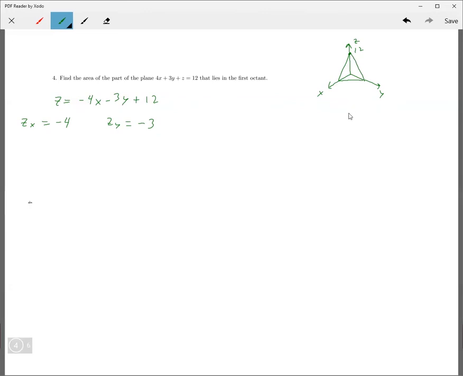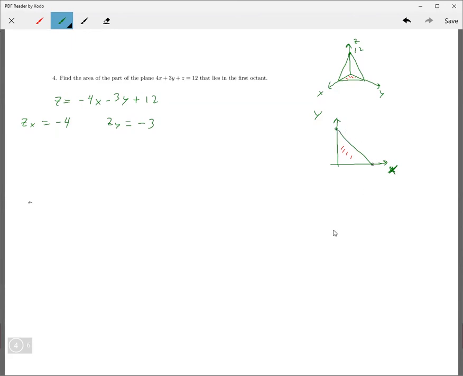But what we need to look at is this piece right down here in the XY plane, what that looks like, which we're going to try to simulate right here.